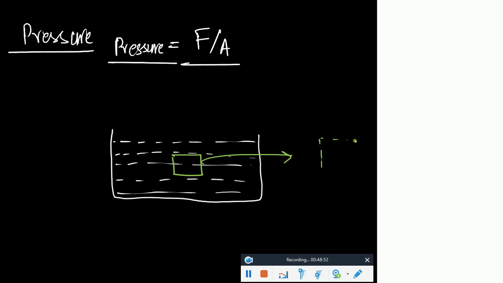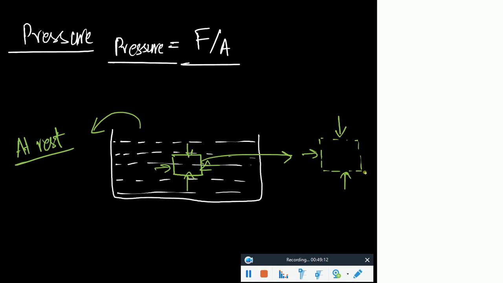If this fluid is at rest, some force is being applied from its upper side, some from its left side, right side, and then bottom side. Do you understand that? And this small piece of volume is something which is in equilibrium.